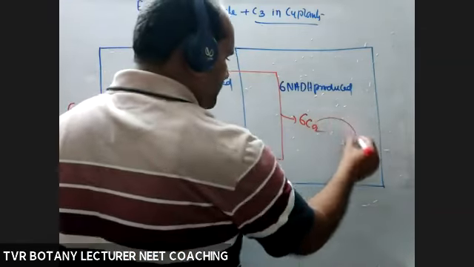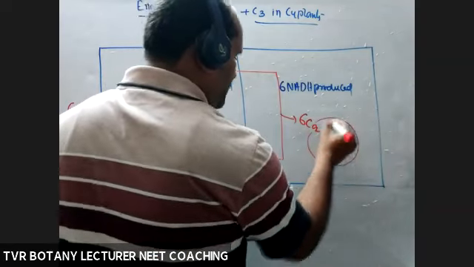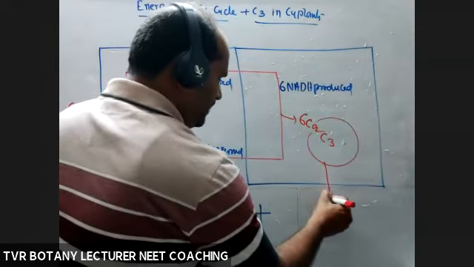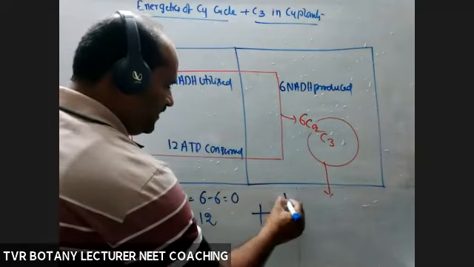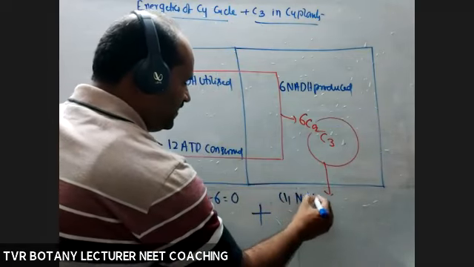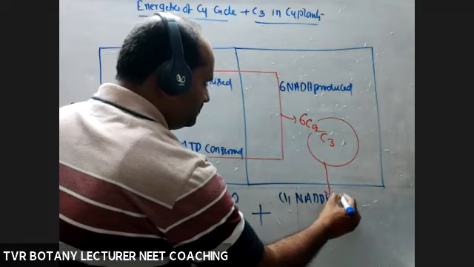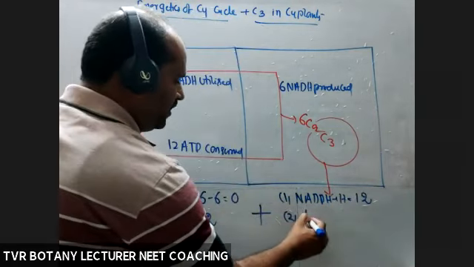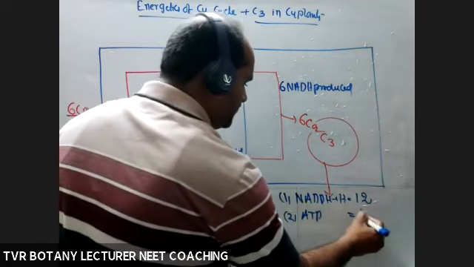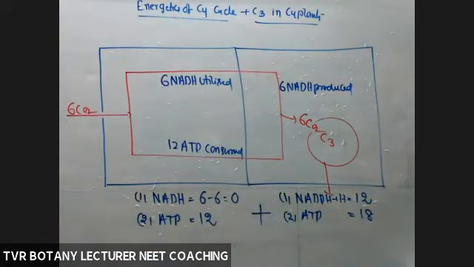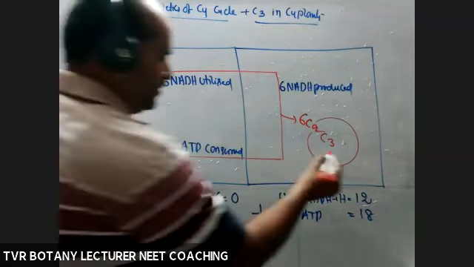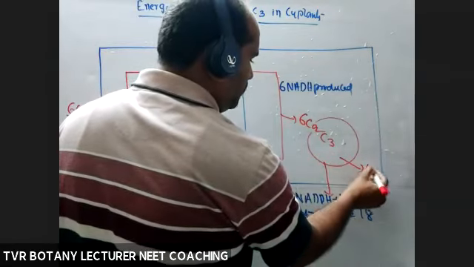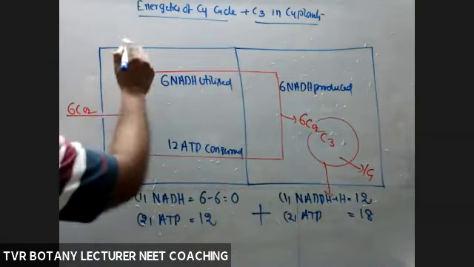Here the C3 cycle is operated. In the C3 cycle, what about the energetics? First one, NADPH plus H plus, 12 consumed. Second one, how many ATP consumed? 18. Okay, so in a C4 plant, to produce one glucose molecule, what about the energetics?